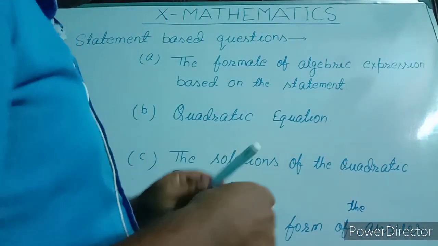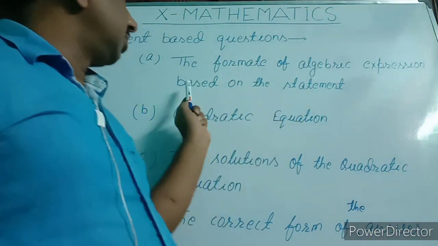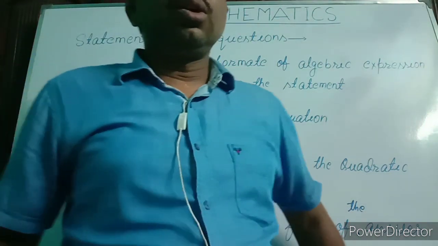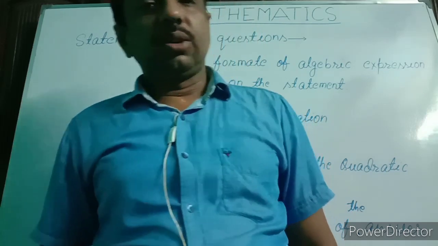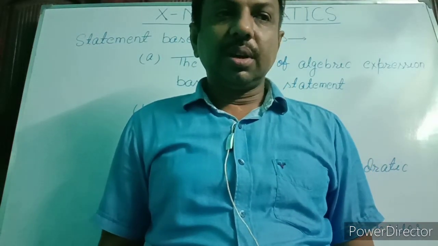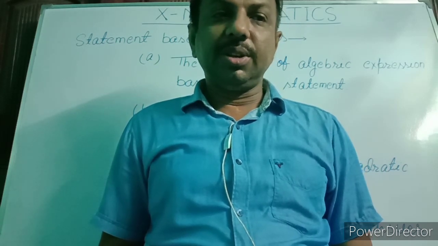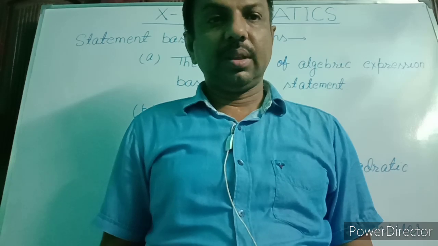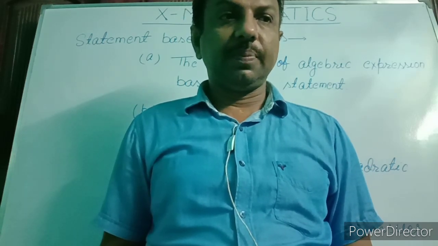What is this point A? The format of the algebraic expression based on the statement. In this, we study the question. We understand the question. After understanding the statement, we make one algebraic expression that is based on the statement.